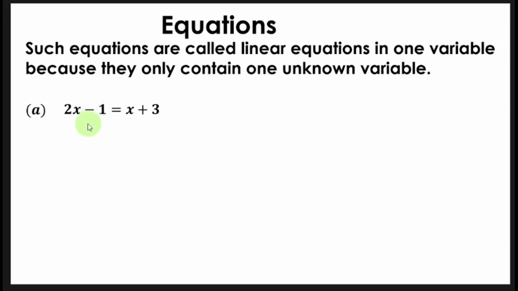So the letters must be on the left side, while numbers on the right side. So this number will follow the number and this letter will follow the letter here. So we have 2x. This x, when it crosses this side, since it is positive, it becomes negative x. Then equal sign here. Then we'll have 3. When this one crosses here, since it is negative, when it crosses, it becomes positive 1.